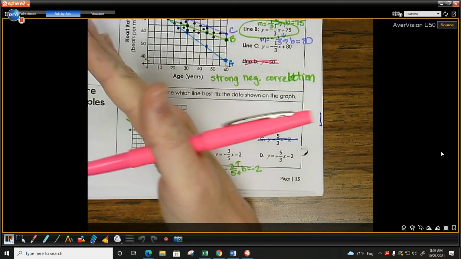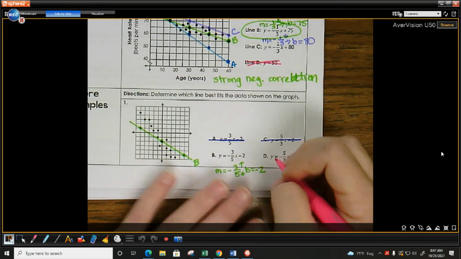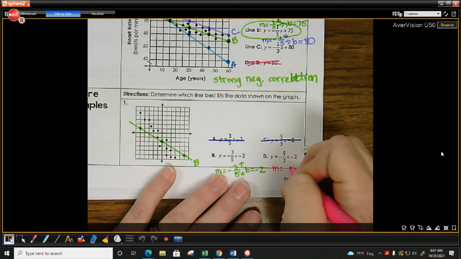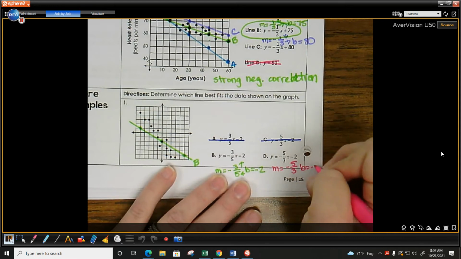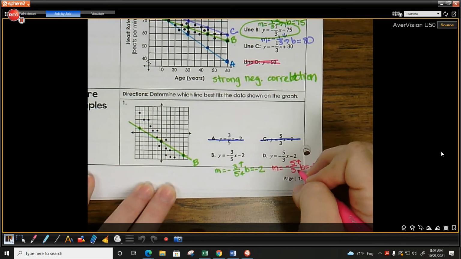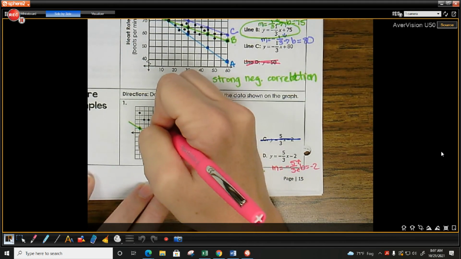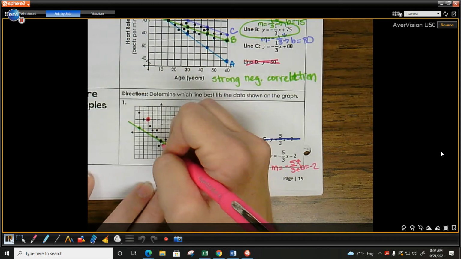Okay, so let's do D. What's my M? -5/3. What's my B? So we're going to begin at 2, and I'm going to go up 5, left 3. Or down 5, right 3. That is a little off the graph.